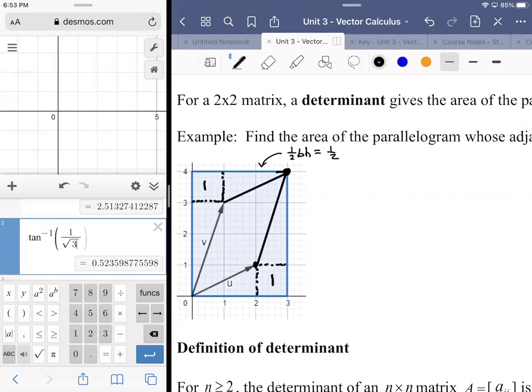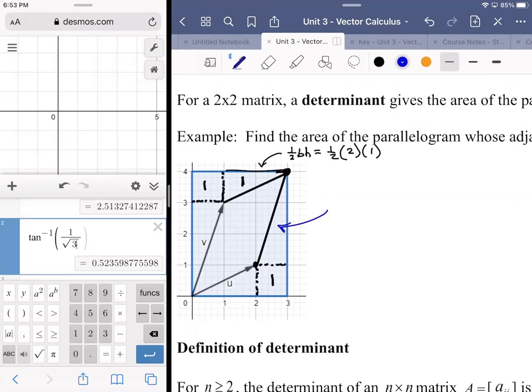So half of the base 2 and the height 1. That looks like a 1, and it makes sense geometrically because if I take this little piece off and put it over here, that would make 1 full box. That feels right.